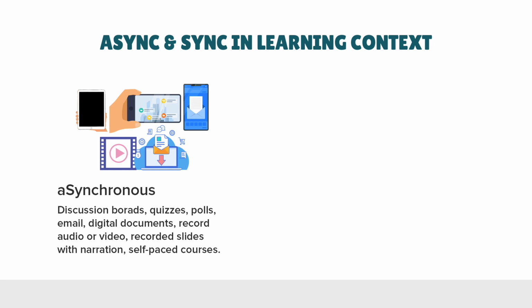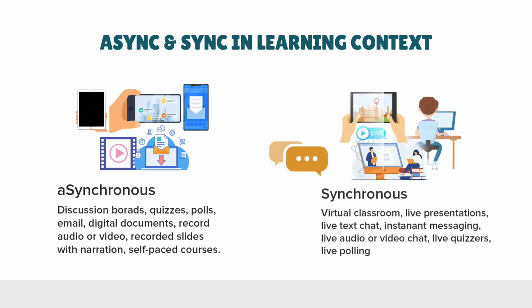It is called asynchronous because the communication is not direct or live. And then the next one is synchronous communication. The example is virtual classroom, live presentations, live text chat, instant messaging, live audio or video chat, live quizzes, and live polling. So everything live is synchronous.